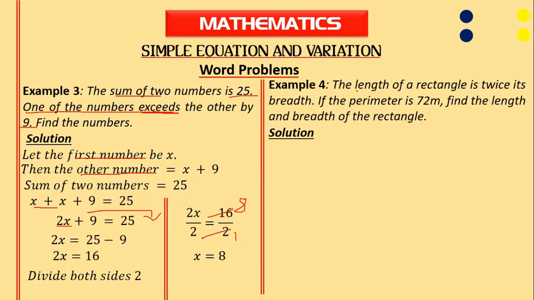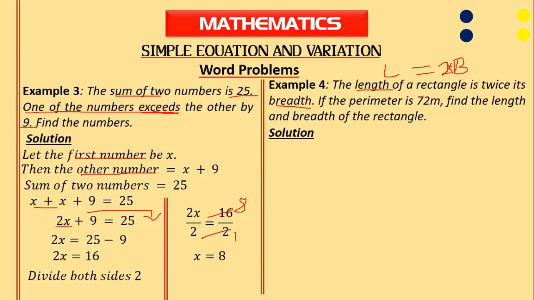So meaning that whatever the breadth is, don't get yourself confused, but length is twice the breadth, meaning that length L is equal to twice the breadth. That is 2 times the breadth. Are you getting that?